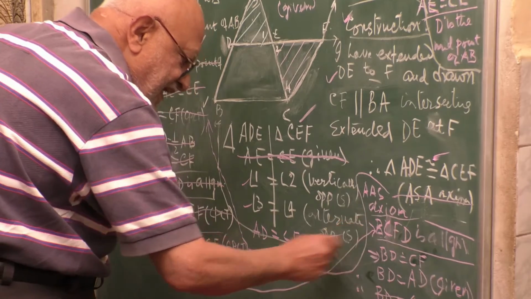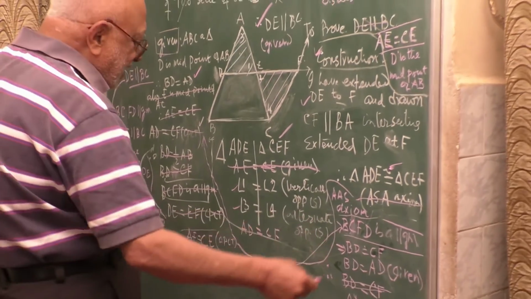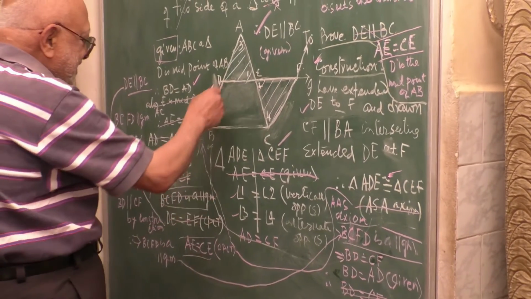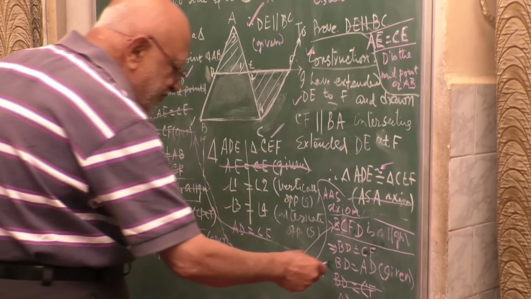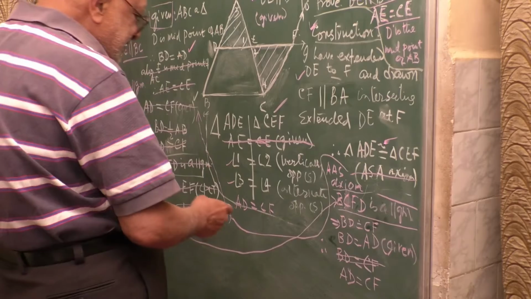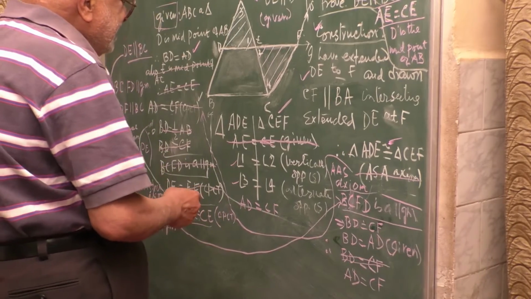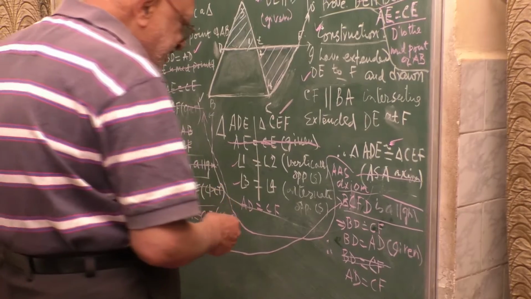I have given an extensive proof that since this is a parallelogram, I can say BD is equal to CF. Then I have said BD is equal to AD. This is given, and therefore AD is equal to CF.